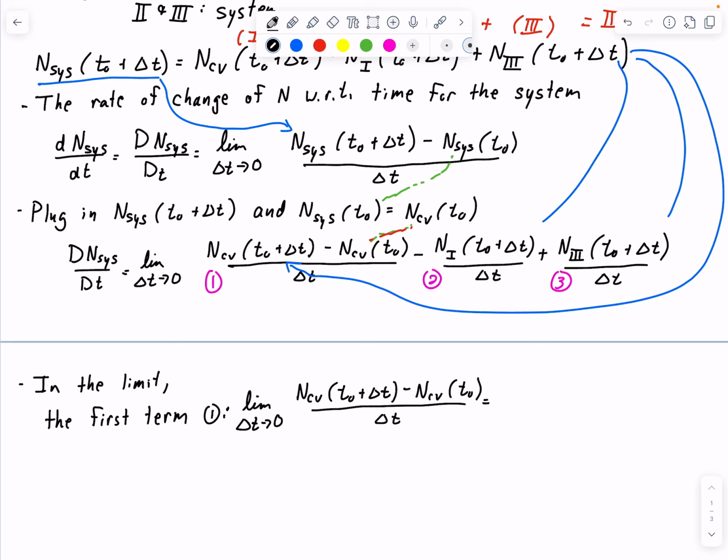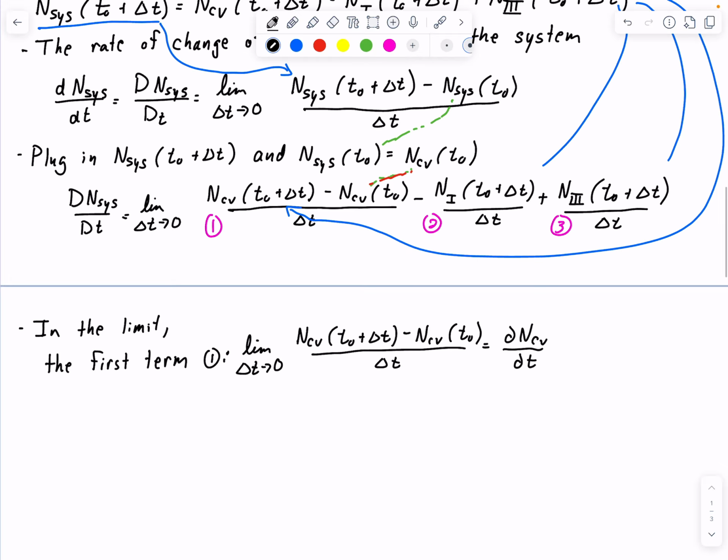Well, we can recognize this as simply the derivative. So this becomes the partial derivative of N of the control volume, and this can be rewritten as del by del t of, in parentheses here, I'm going to write the definition of the extensive property of that control volume.